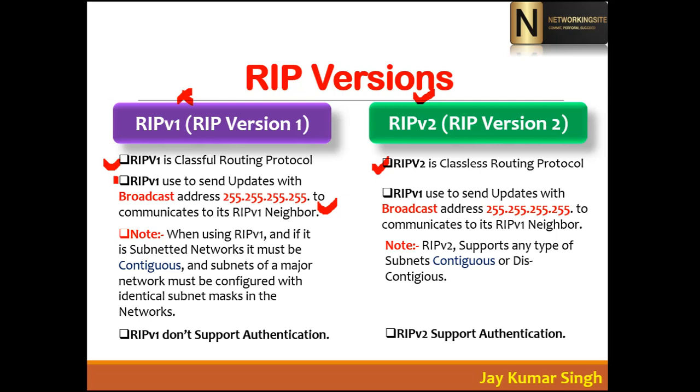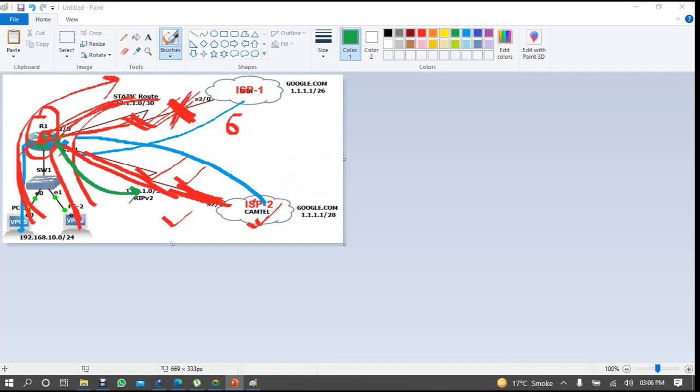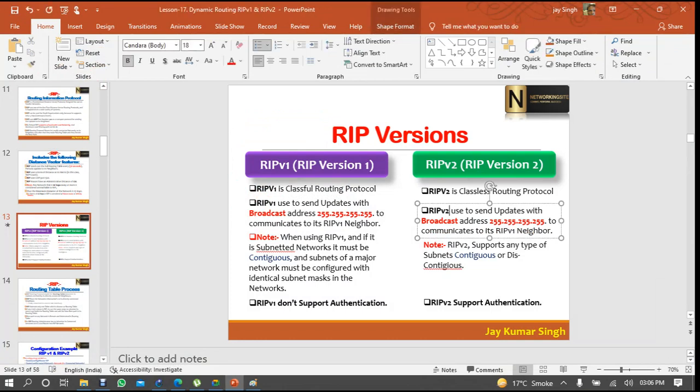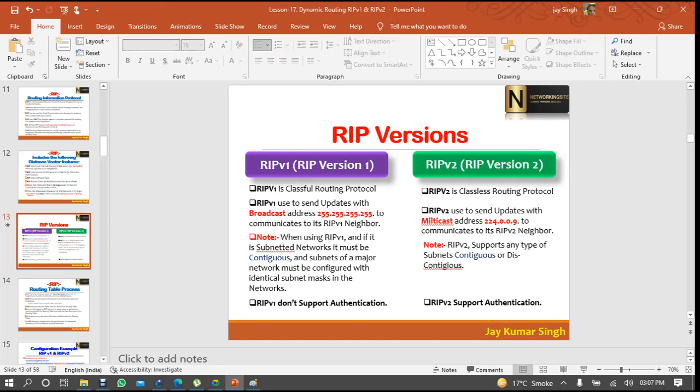But RIP 2 sends updates to a multicast address, and it uses 224.0.0.9 to communicate with its neighbors.